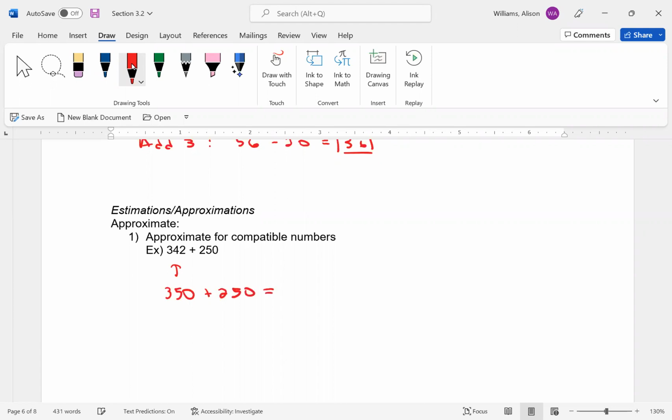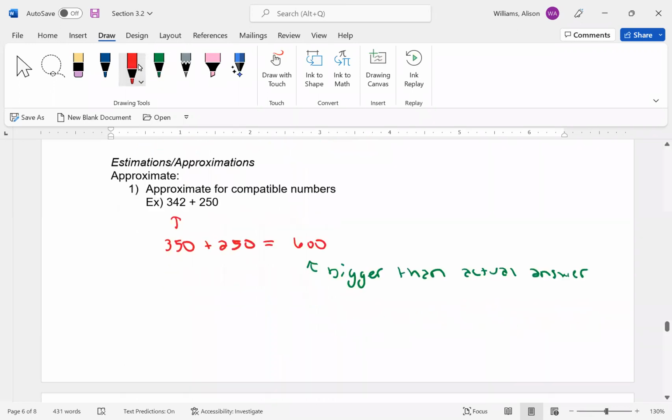That's pretty simple. That adds up to 600. Now, because I made the number bigger, I recognize that this is bigger than the real answer, right? It's an overestimate of the actual answer. All right, that's good to know.